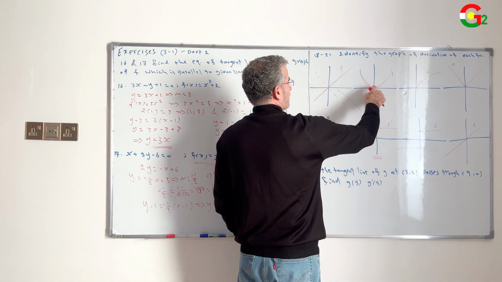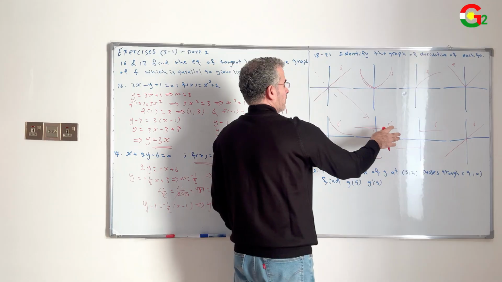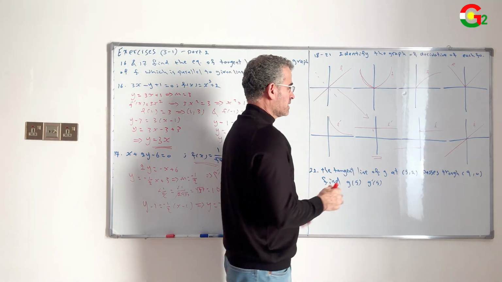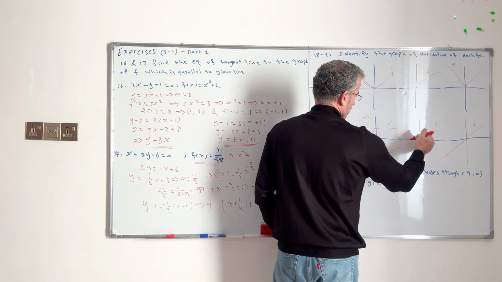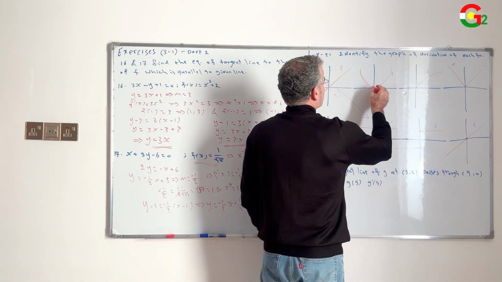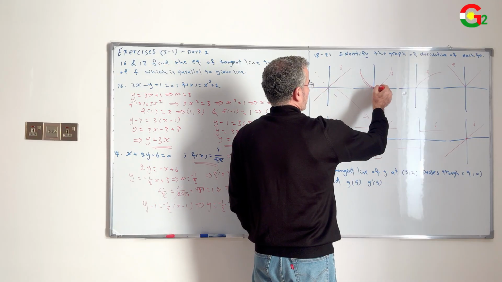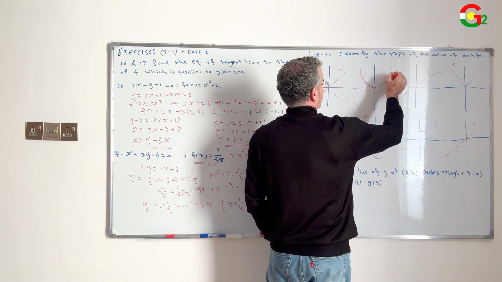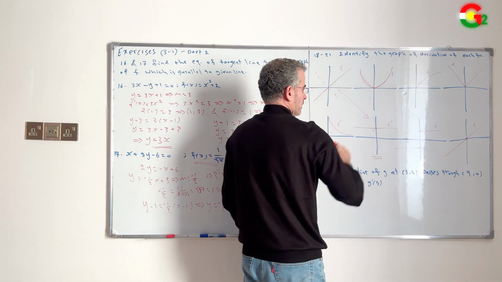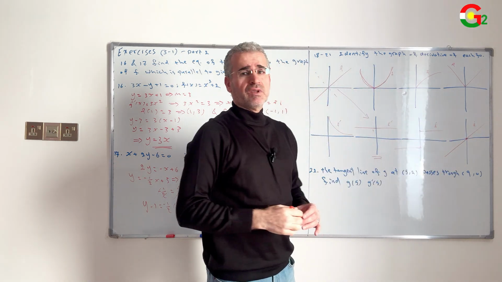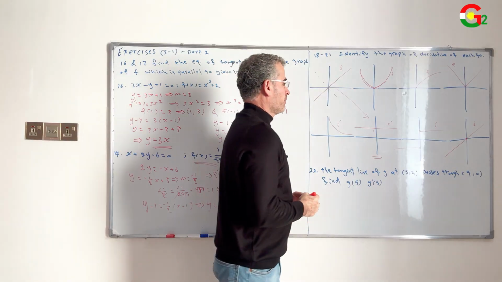Then the graph of the derivative should intersect the x-axis. This graph does not intersect, but this graph intersects at 0. And from 0 to positive infinity, the graph is increasing, so the graph of the derivative should be over the x-axis.